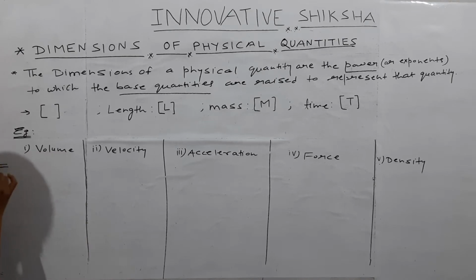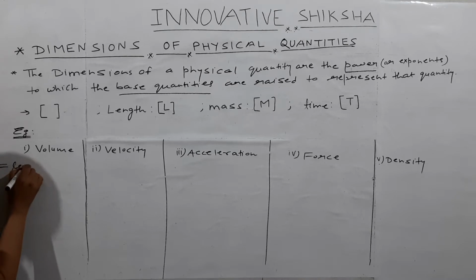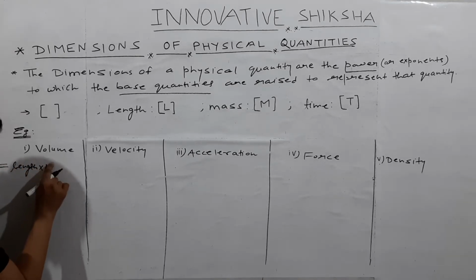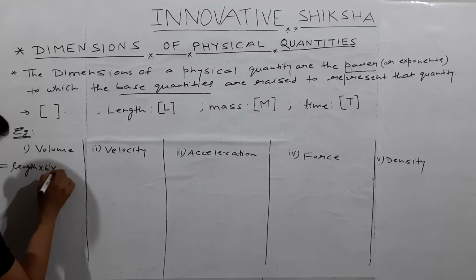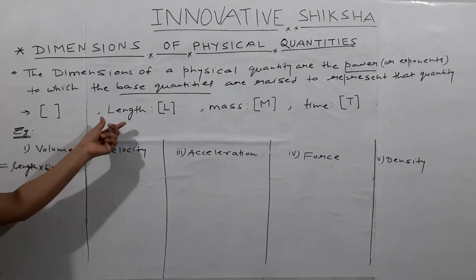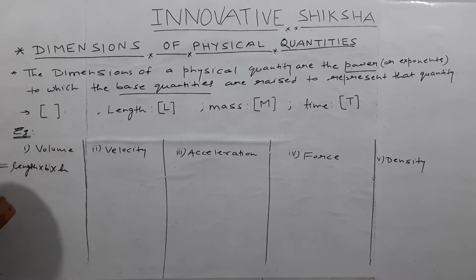So volume can be represented by length into breadth into height, right? So these length, breadth and height are examples of length. So we can write the dimension of length and breadth and height.